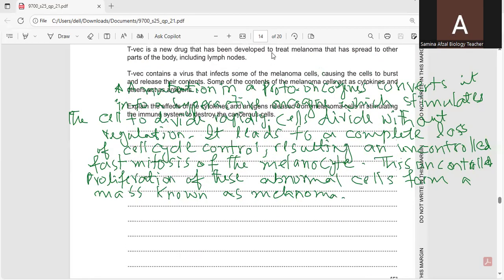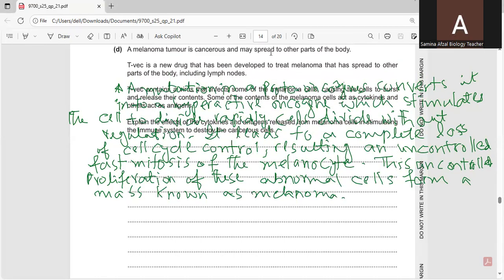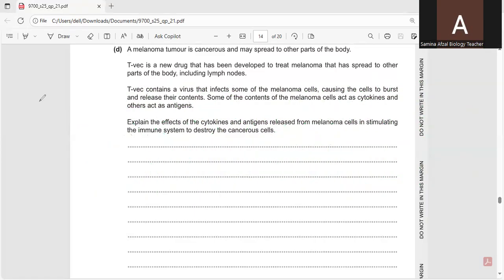Last part of this question, number 4. I would like to read the question first and then I will write the answer. A melanoma tumor is cancerous and may spread to other parts of the body. T-VEC is a new drug that has been developed to treat melanoma that has spread to other parts of the body, including lymph nodes.